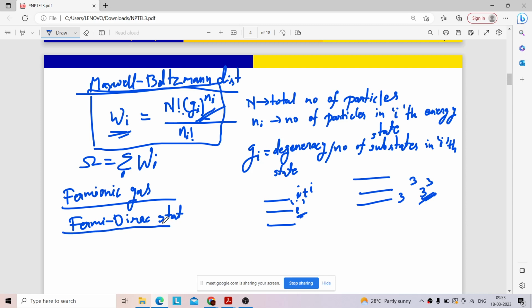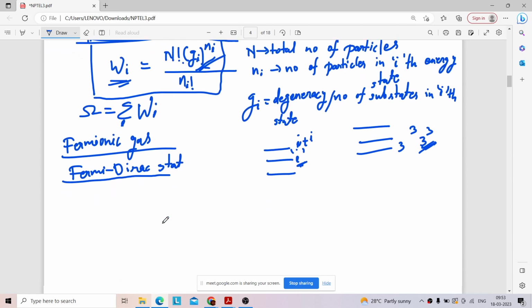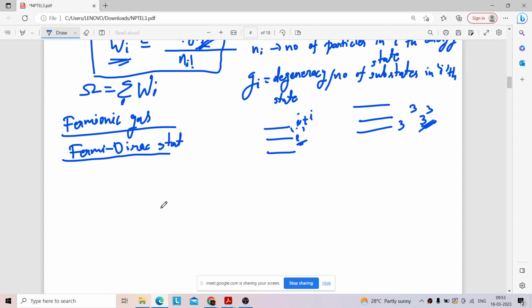For them, the number of ways I can arrange particles in the ith state will be Gi factorial divided by Ni factorial into Gi minus Ni factorial.